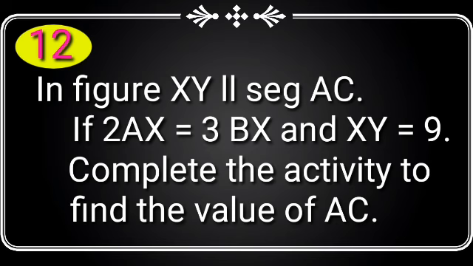Example number 12. In the figure, XY is parallel to segment AC. If twice AX is equal to 3 times BX and XY is equal to 9, complete the activity to find the value of AC.